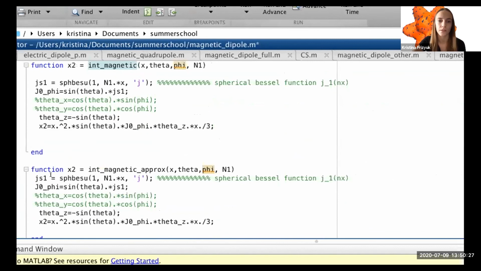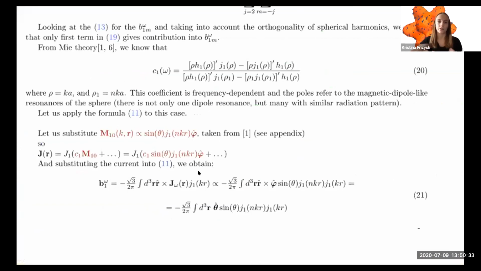And this is already the current which we have substituted into the approximate formula. What is the difference between the approximate and exact formula? It's just in the Bessel function.